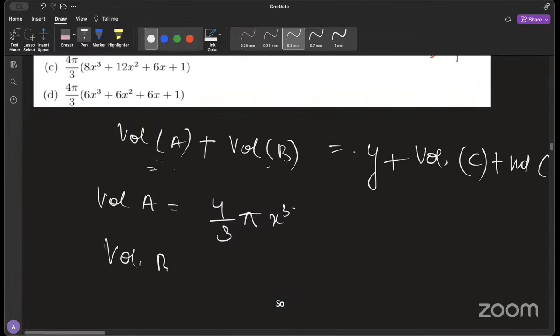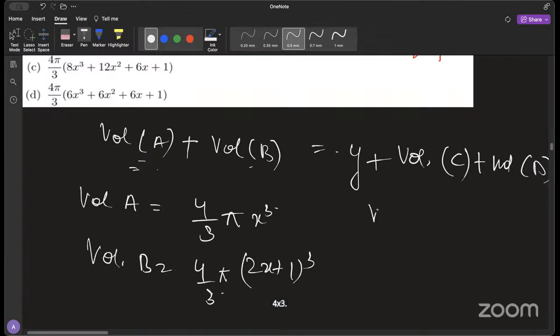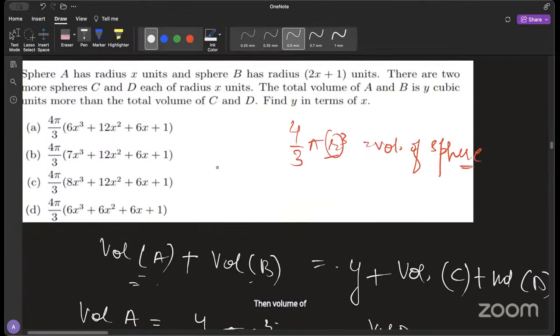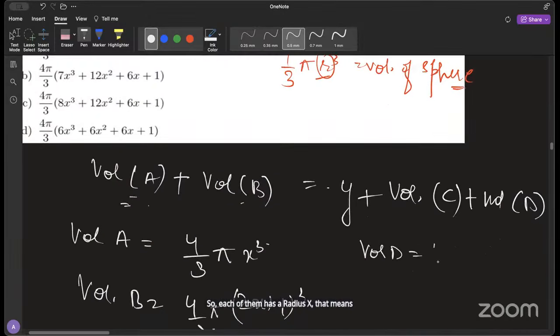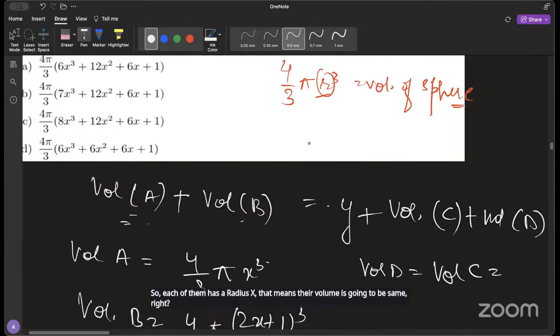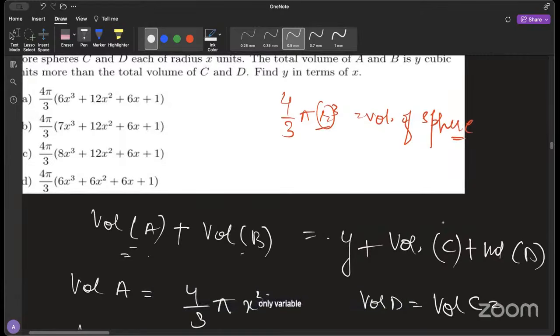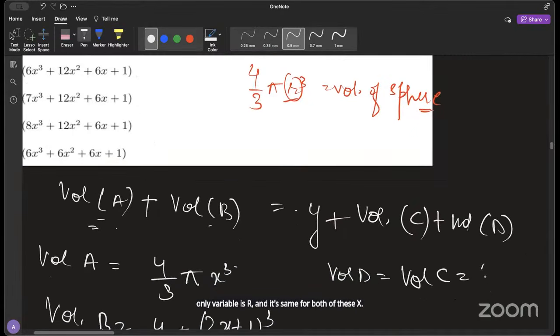So volume of B should be equal to 4 by 3 pi times (2x plus 1) cube. Then volume of D, so each of them has a radius x. That means their volume is going to be the same, right? The only variable is r, and it's the same for both, x. That means this volume should be 4 by 3 pi x cube.